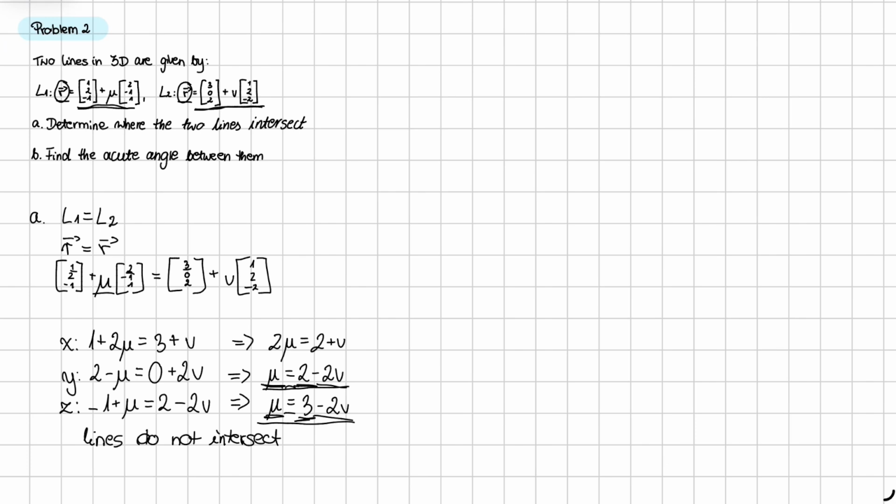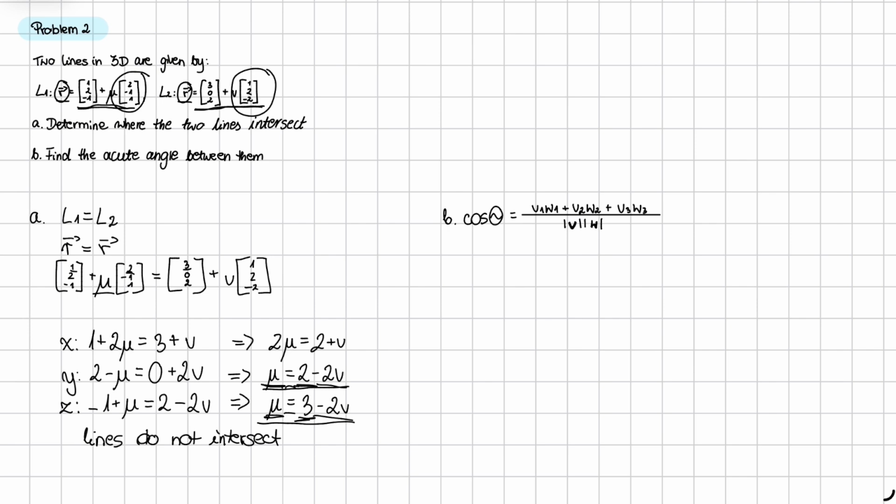B. Find the acute angle between them. So here we have to use our formula from the booklet, angle between two vectors, and it looks like this. And of course, in order to calculate our angle, we have to take the direction vectors, so this one and this one. In our numerator we just have to multiply and add each coordinate.